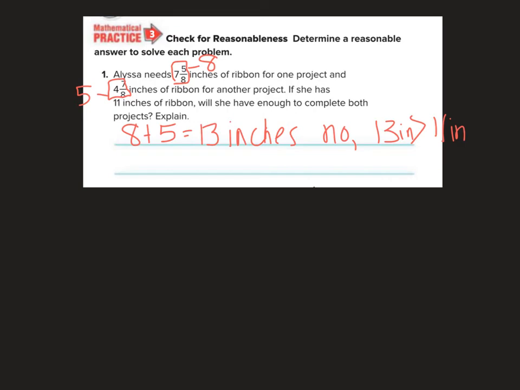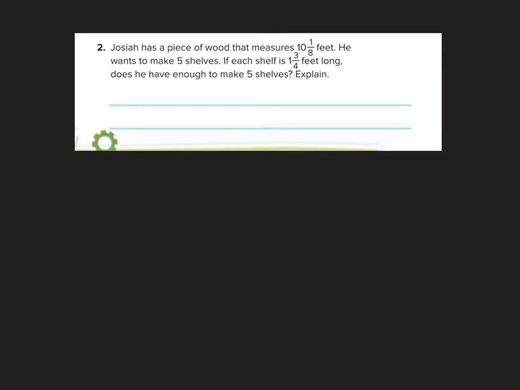Okay, let's look at another one. Josiah has a piece of wood that measures 10 1/8 feet. He wants to make 5 shelves. If each shelf is 1 3/4 feet long, does he have enough to make 5 shelves? Okay, so what I'm going to do is take 1 3/4 feet and say that's about 2 feet.